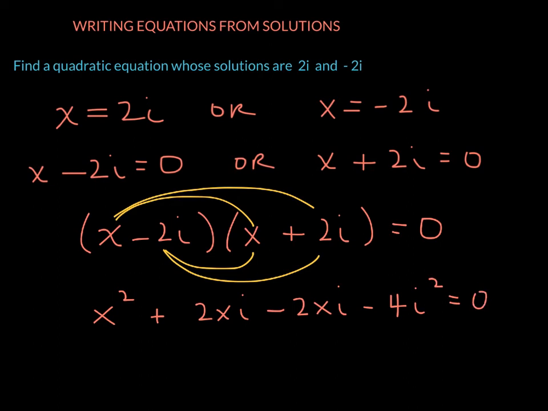Please notice that these two terms cancel out. And also don't forget that i squared is equal to negative 1, making that negative 4 a positive 4. So I get x squared plus 4 is equal to 0. We did it. This is the equation whose solutions are these complex conjugates, 2i and negative 2i. Good work.